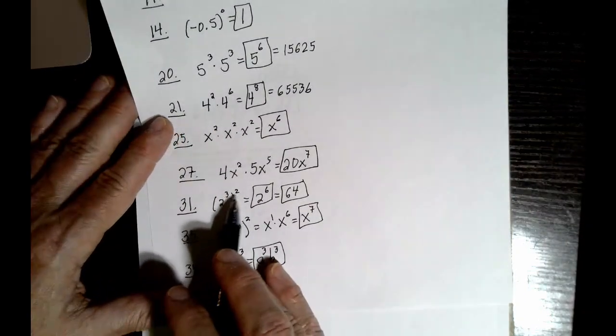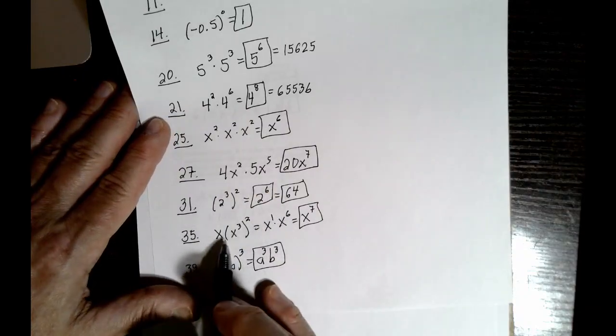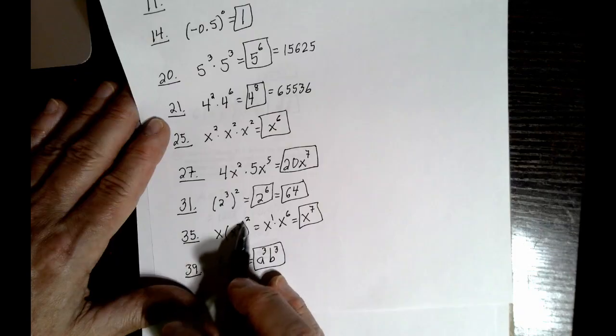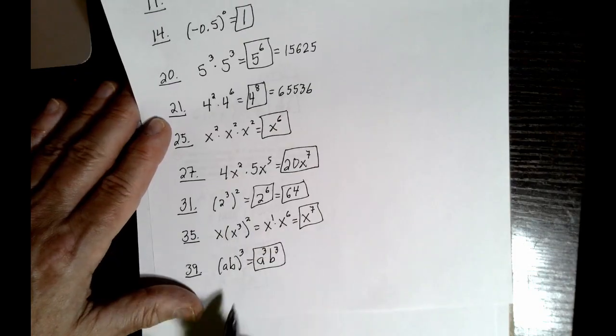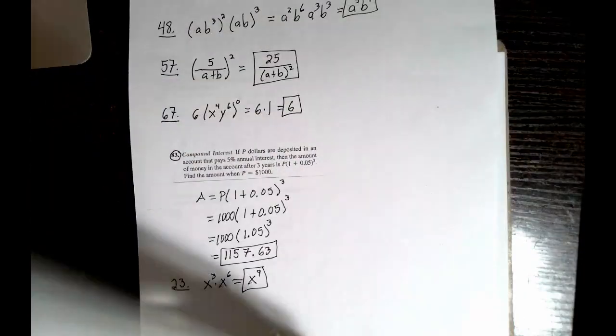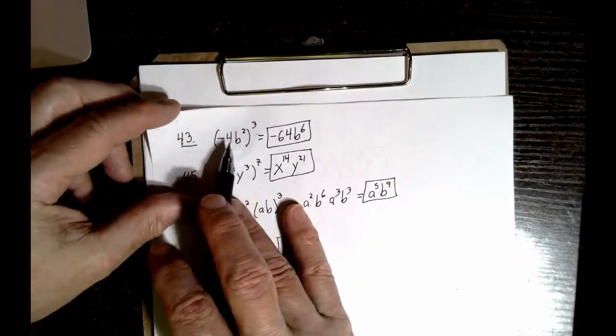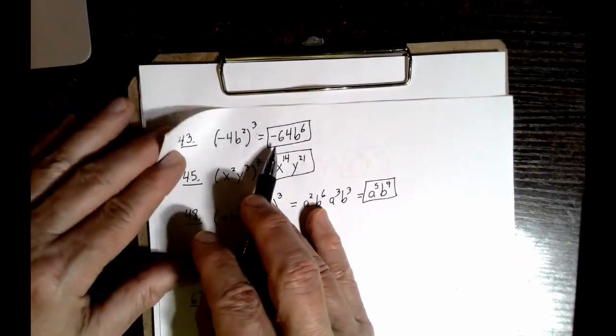Here you're multiplying because it's power to a power, so that's 6, and it simplifies to 64. Here you got x to the 1 and x to the 6th, which is x to the 7th. Here you got a to the 3rd, b to the 3rd. Negative 4 cubed is negative 4 times negative 4 times negative 4, which is negative 64.